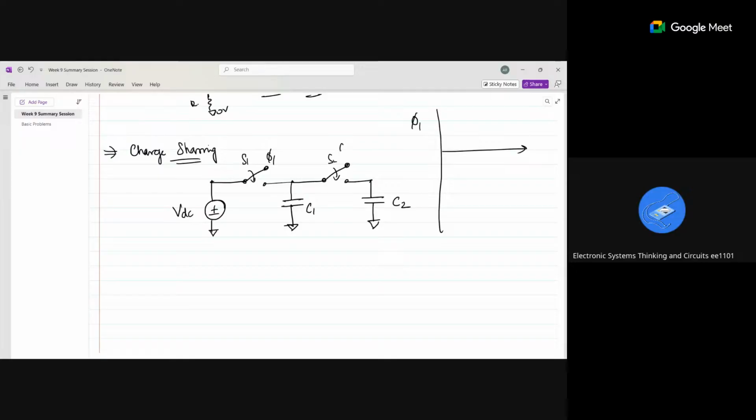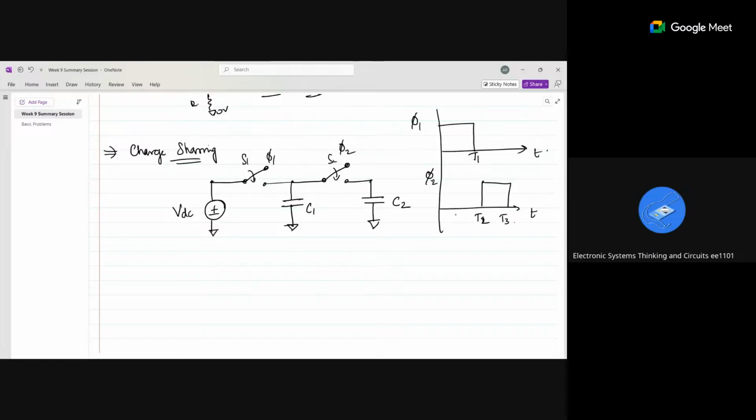Phi 1 is the control of switch 1 and phi 2 is the control of switch 2. Initially, till time t1, phi 1 is on. From t2 to t3, phi 2 is on, right? So this is the condition for the switch.